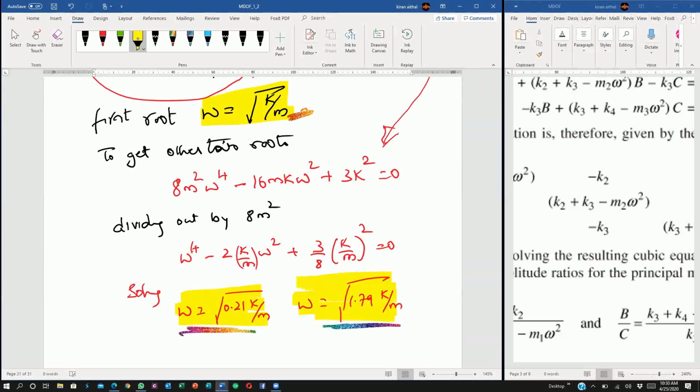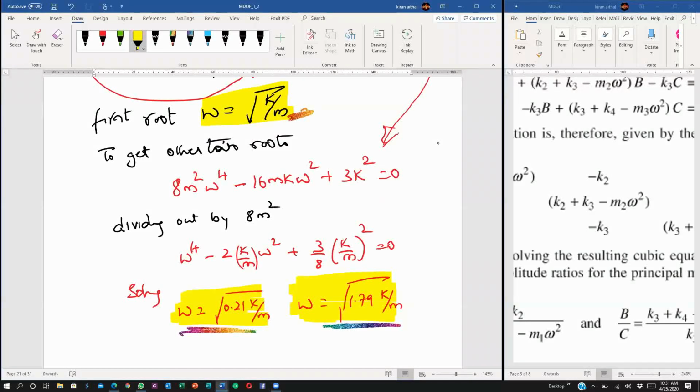I have got 3 frequencies. But which one do I have to make omega 1, omega 2? Now you can just think about yourself. For that particular reason, I never marked omega 1, omega 2, omega 3, because I am not sure. After getting omega is equal to root k by m, I never came to know whether we have got less than root k by m or greater than root k by m. I don't know about that, so I thought of waiting for that part.